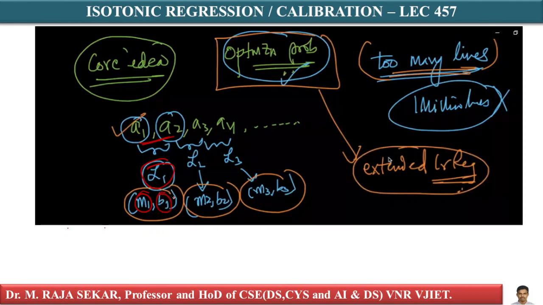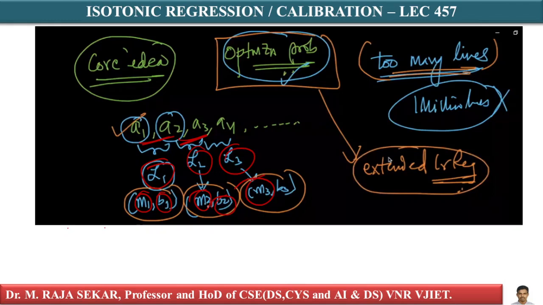Similarly, there is a line L2 between A2 and A3, with slope M2 and intercept B2. For line L3, there is slope M3 and intercept B3, and so on.